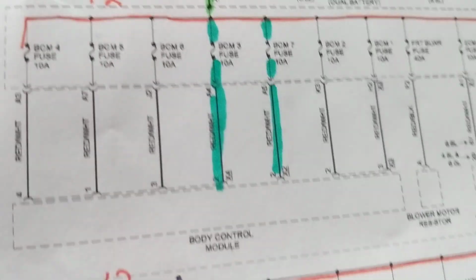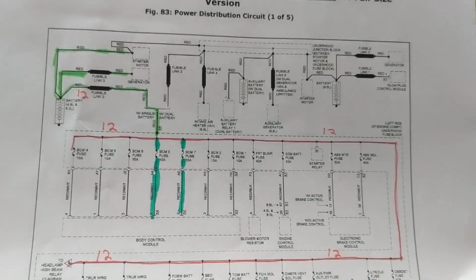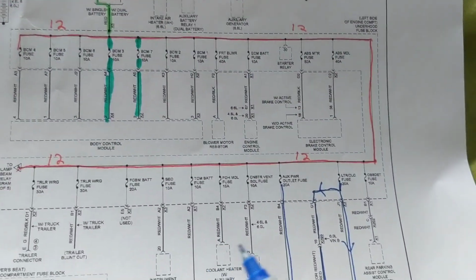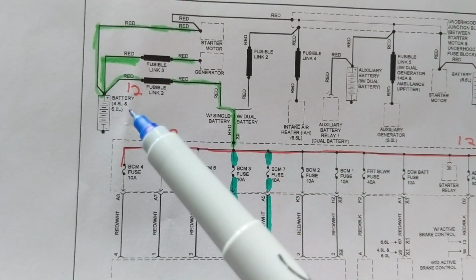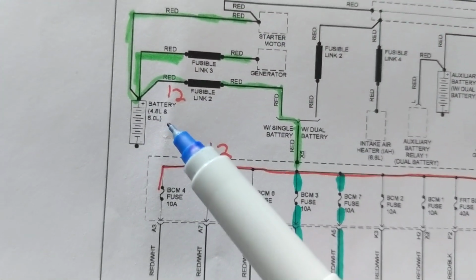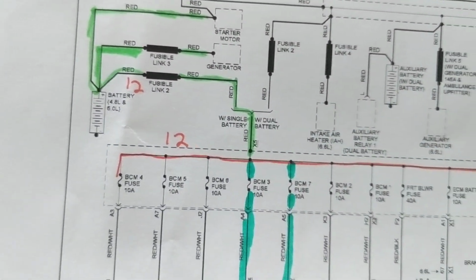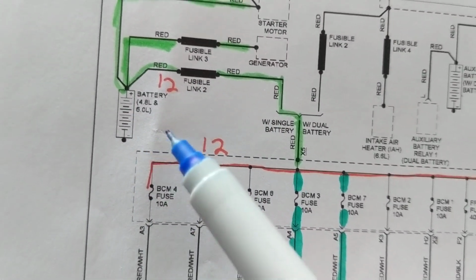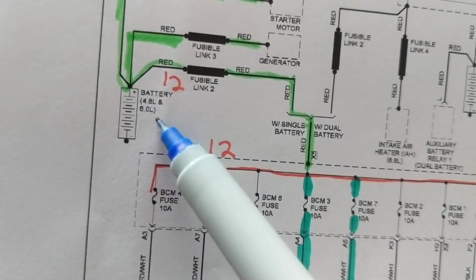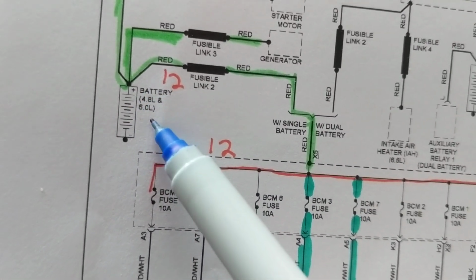So besides that point, how to read the schematic, like we said before, there's always a battery involved, obviously. Now, the battery in this case, we're talking about Chevy Express vans. It depends if it's 4.8 liter or 6.0 liter, but this battery is for both, as you can see.